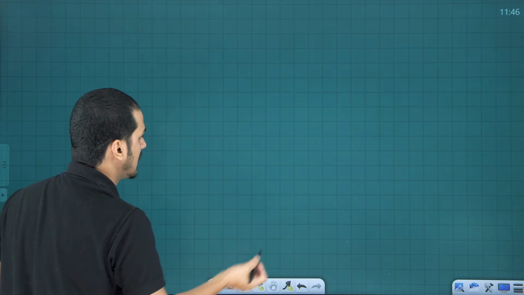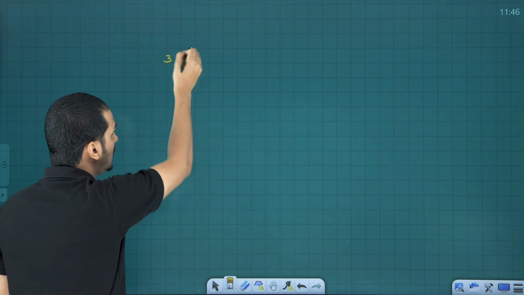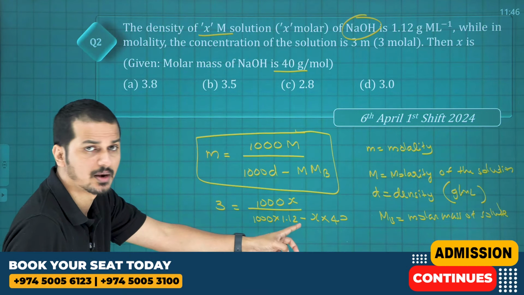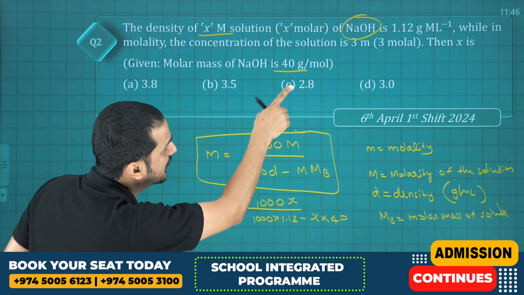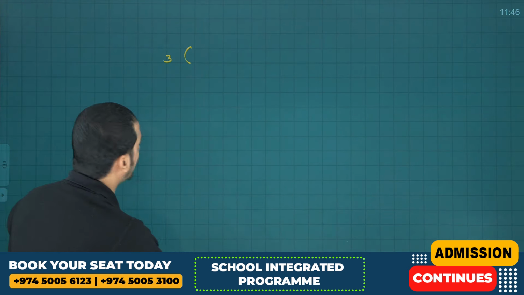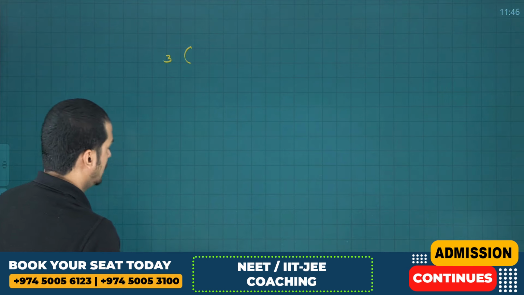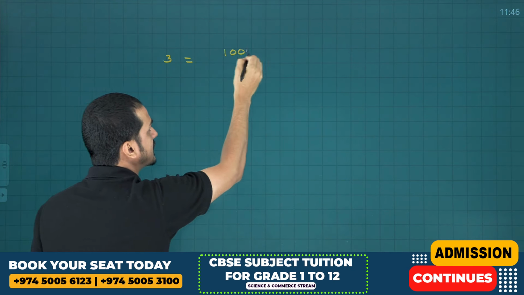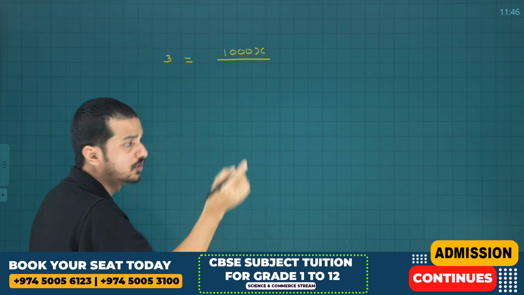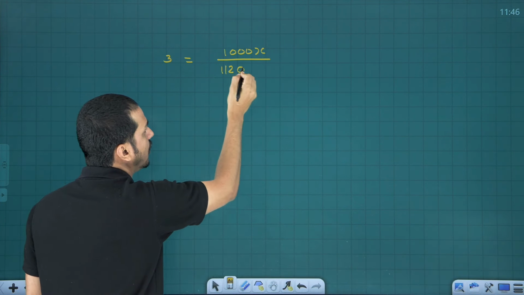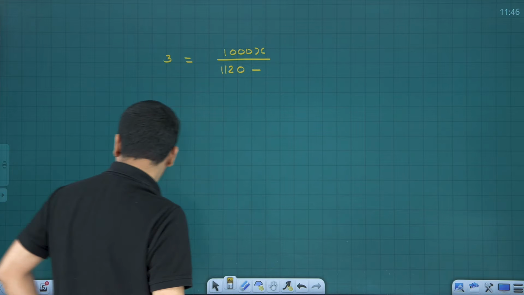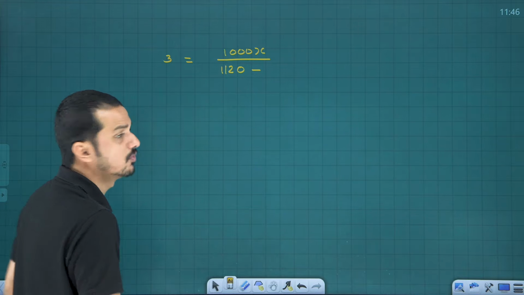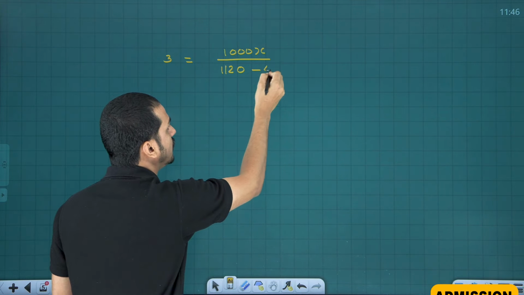While I am solving this for X, what will I get? I will take another page here. So 3 equal to 1000 times X divided by 1.12 into 1000, that is 1120, minus 40x.